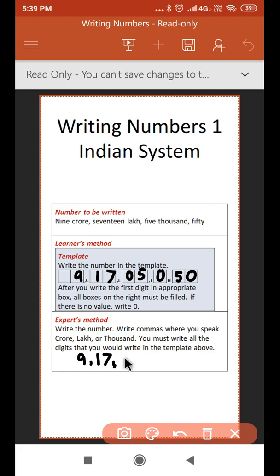Then 5,000. Now 5,000 is 0, 5. Okay, and a comma, and 50. So 0, 5, 0. 0 hundreds and 50. So this is how we write the number.